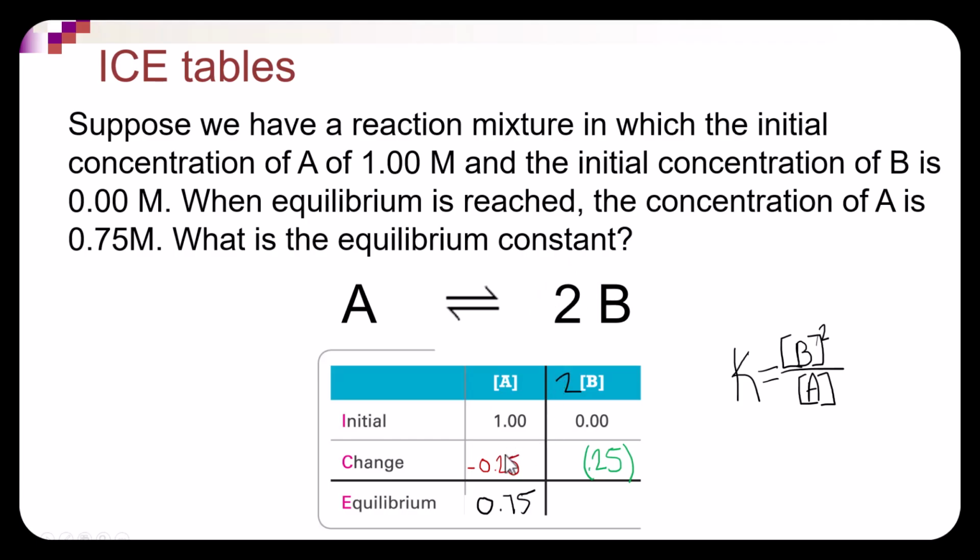So if we used 0.25 moles of A, we made 0.25 moles of B, but each time we made 2 of them. So we have to multiply that by 2. So the change in this case is a positive 0.5. 2 times 0.25.